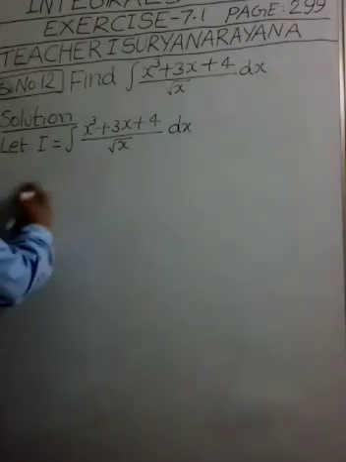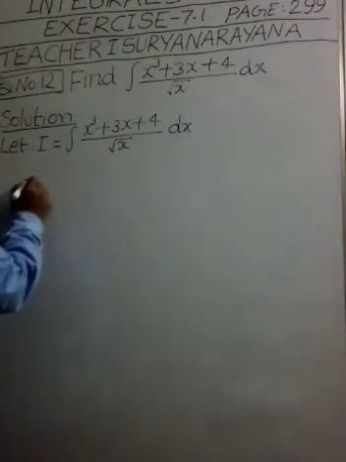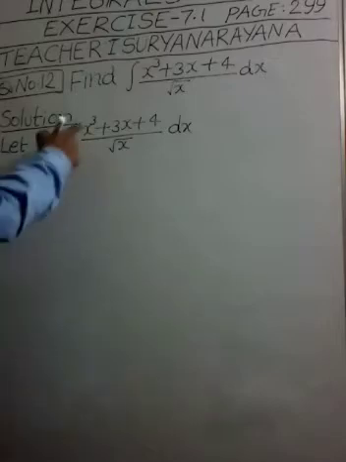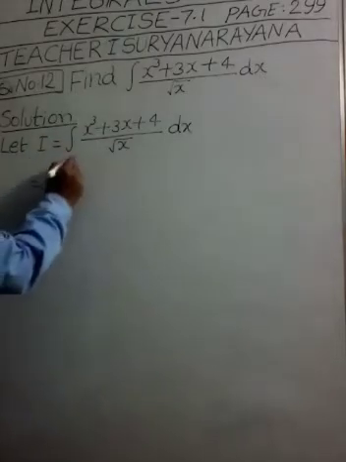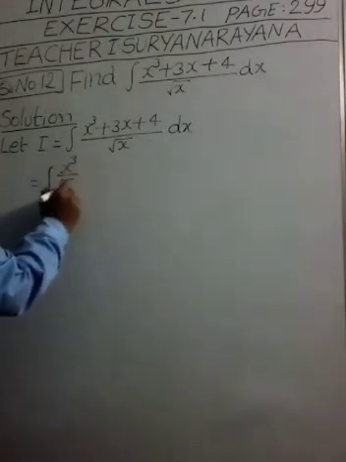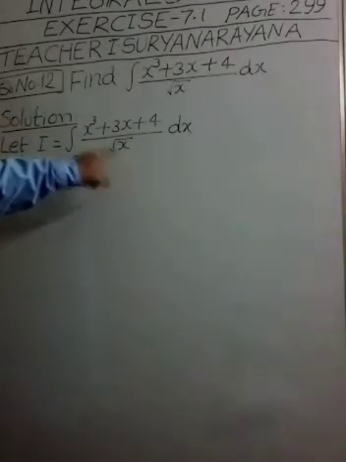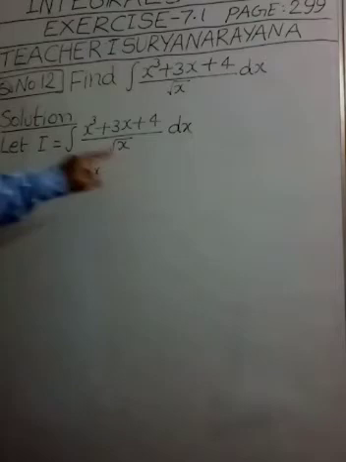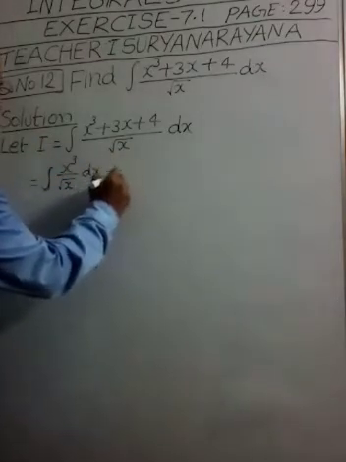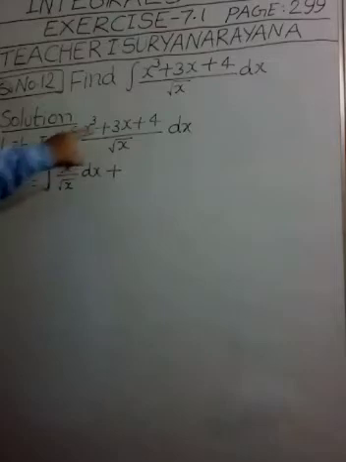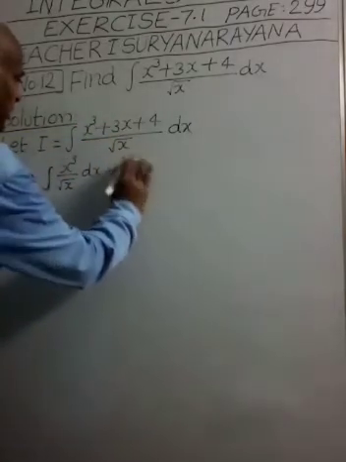Okay, my children. So, integral x cube by root x dx. I wrote the first term, integral x cube by root x dx. Plus, understood this first term, my children? Right. Plus integral 3x by root x dx.